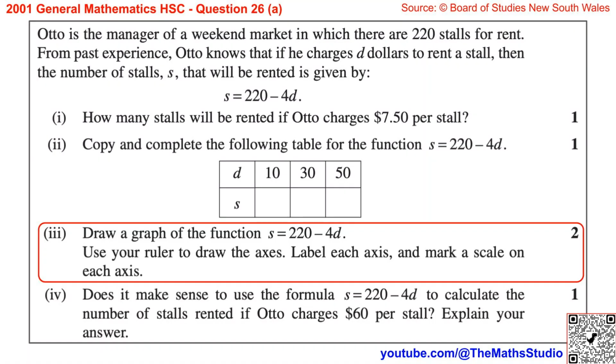Part 3. Draw a graph of the function S equals 220 minus 4D. Use your ruler to draw the axes. Label each axis and mark a scale on each axis.